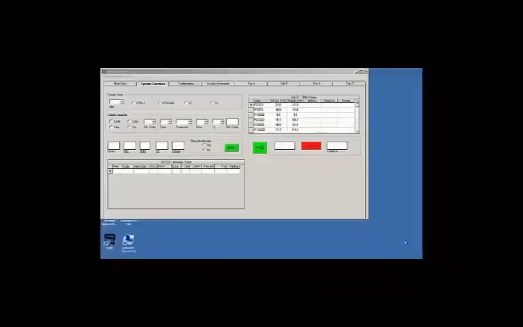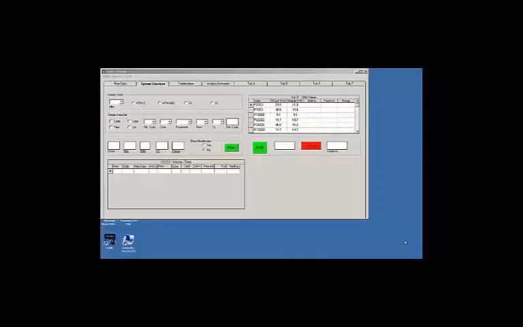Okay, here we are at that part of the application where we can create codes for MTM-2, MTM-UAS or any other MTM system that has been pre-configured. Let me first briefly explain the functionality of this page.